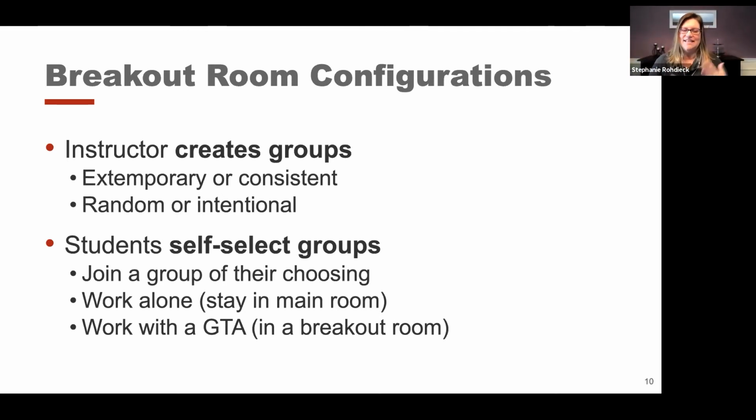So the second way to configure rooms is through students self-selecting. One of the nice things that Carmen Zoom added, I think sometime in autumn, is the option of students actually selecting their own groups. And I'll show you how you would go about doing that.